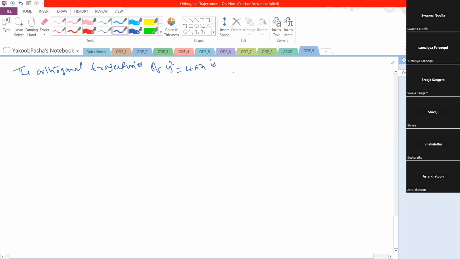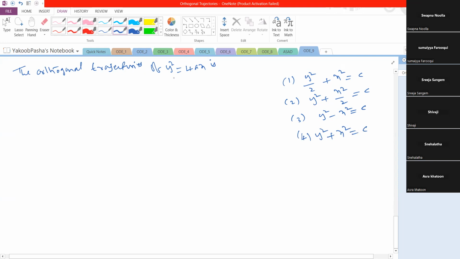First option, y square by 2 plus x square is equal to c. Second option, y square plus x square by 2 is equal to c. Third option, y square minus x square is equal to c. And fourth option, y square plus x square is equal to c.